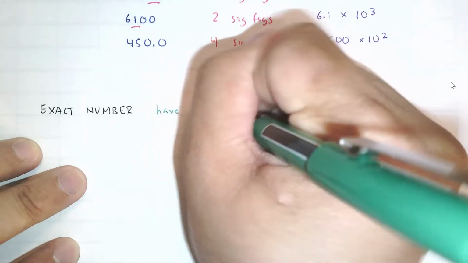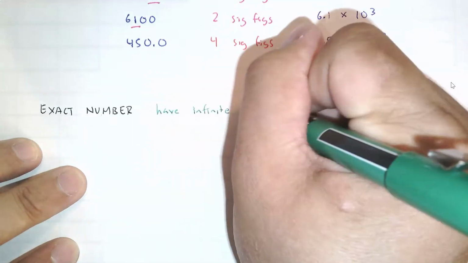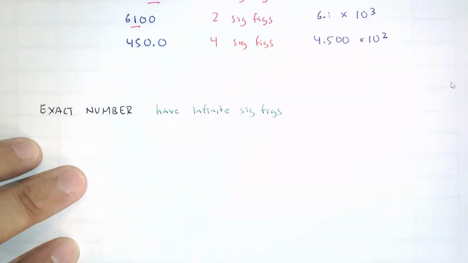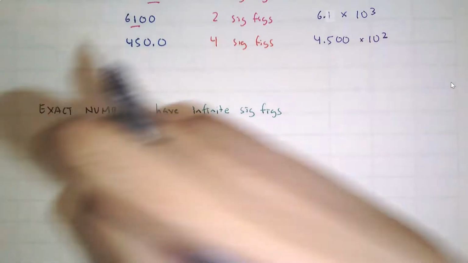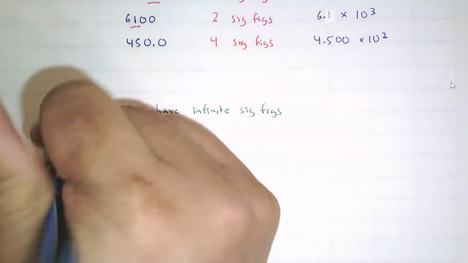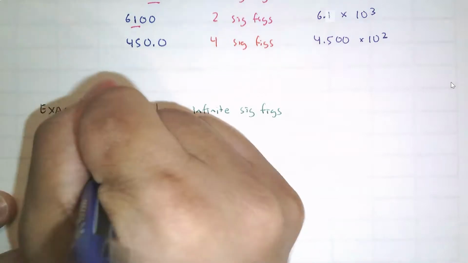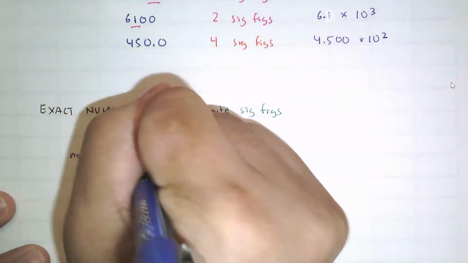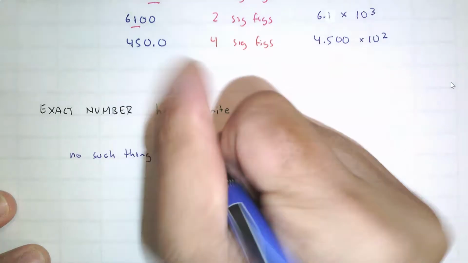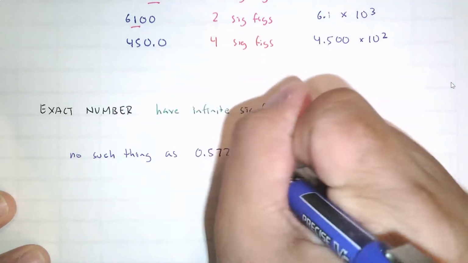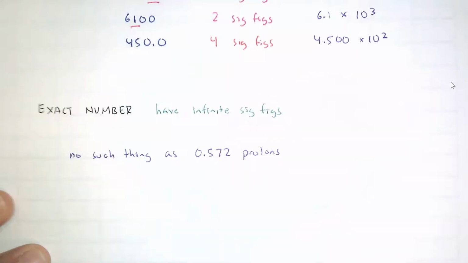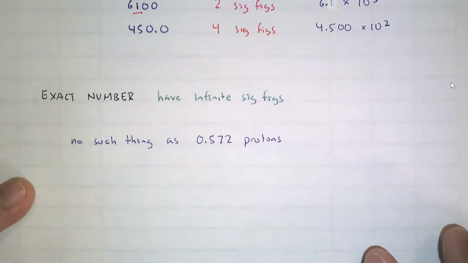How can that be? Well, let's say a proton. A proton cannot be divided into a half a proton. So there is no such thing as 0.572 protons. It has to be a whole number, in other words.